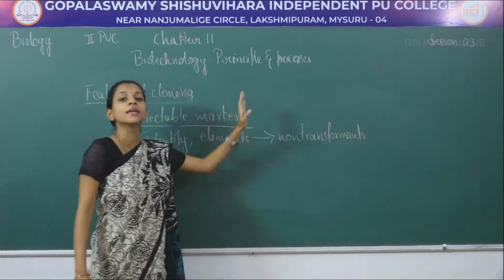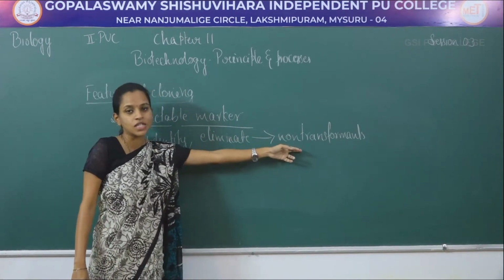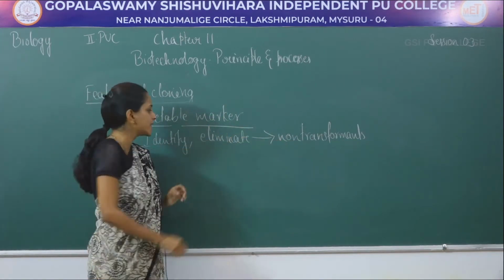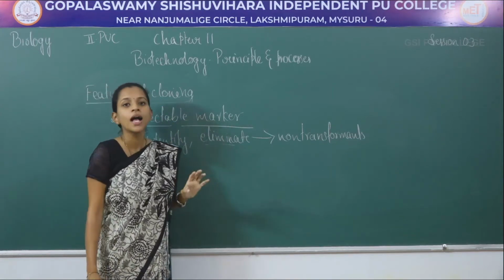First they will identify whether it is a transformant or a non-transformant. If it is a non-transformant, then it will be eliminated. That is done by the selectable markers.